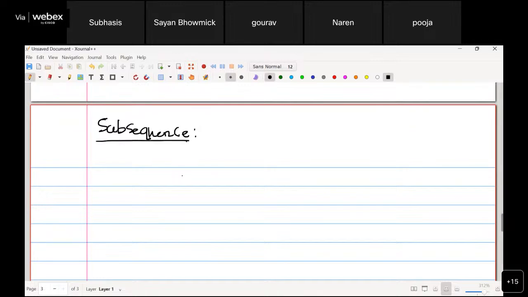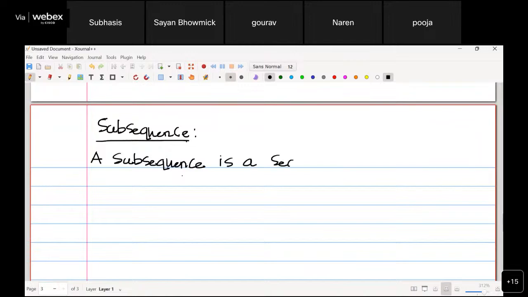Okay, so let me write this. This is actually really important. A subsequence is basically a sequence.